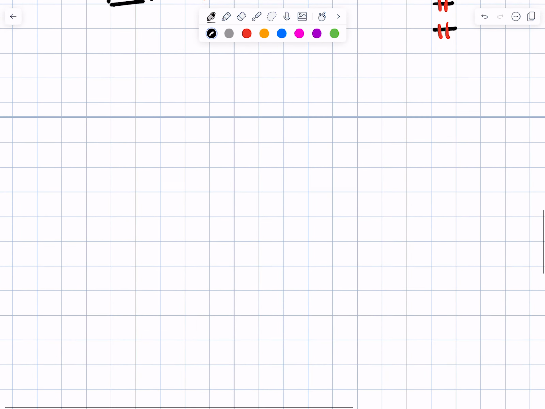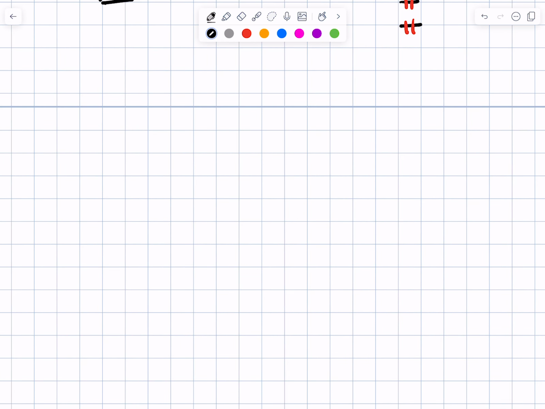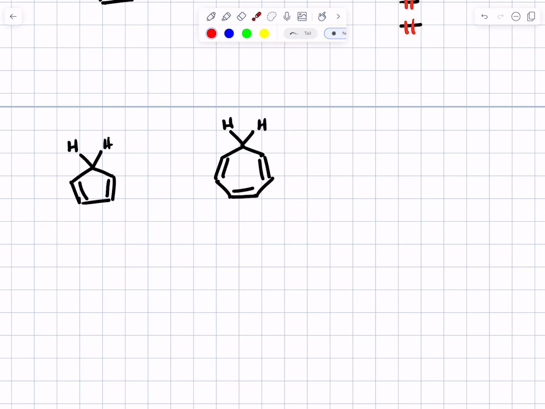You can use the concept of aromaticity to answer interesting questions. For example, I'm going to draw two hydrocarbons. And that one kind of looks friendly.